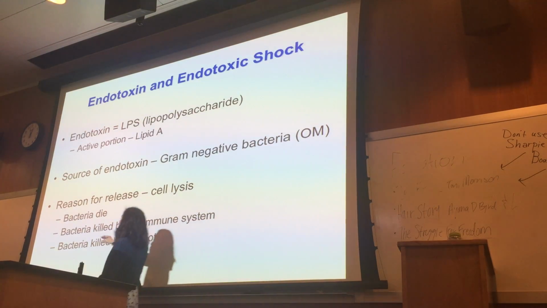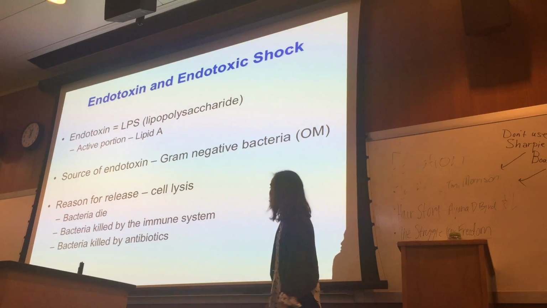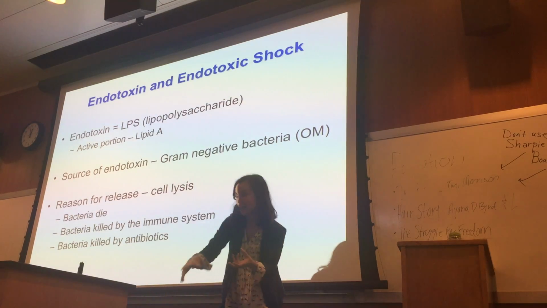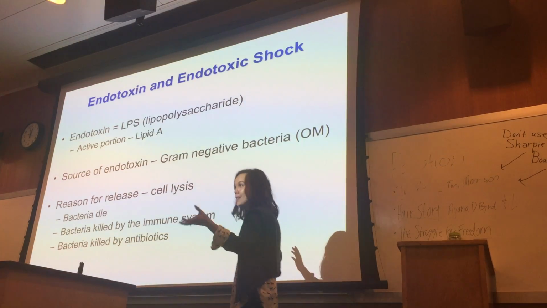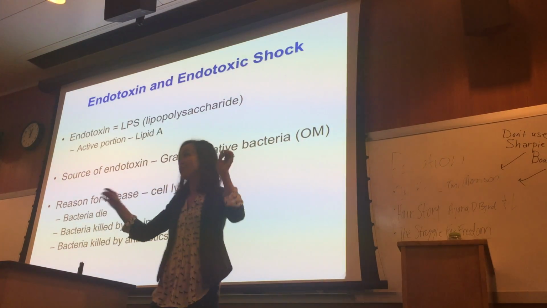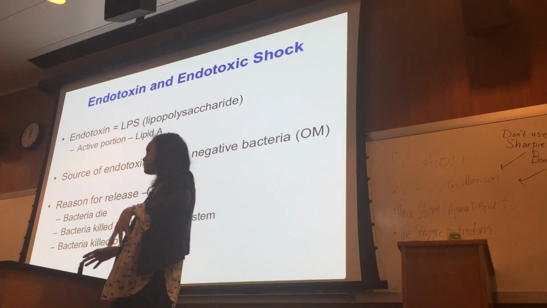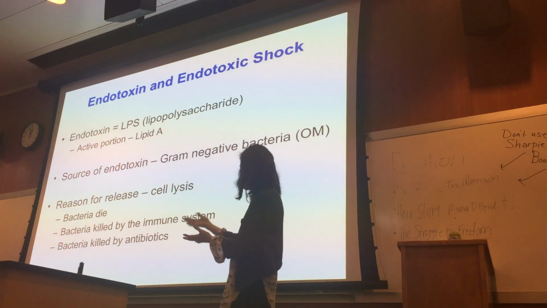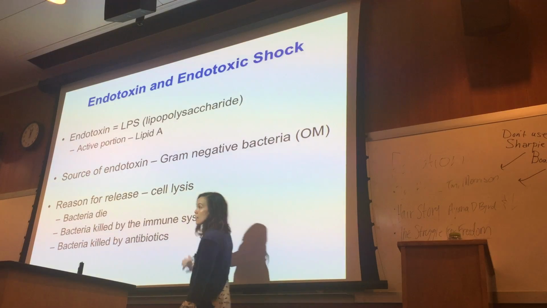Sometimes it just happens as a part of the binary fission process. Usually though, unfortunately, your own immune system is attacking the gram-negative. That happens all the time, right? So our white blood cells are phagocytosing, eating the gram-negatives, and in that phagocytosis process, LPS gets dumped out. And then sometimes this even happens with antibiotics.